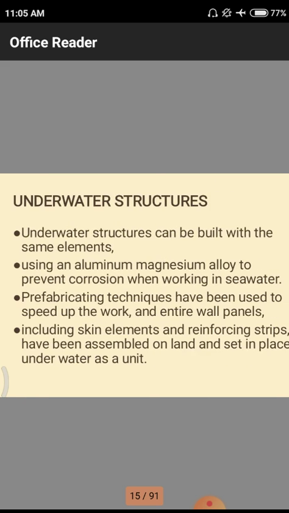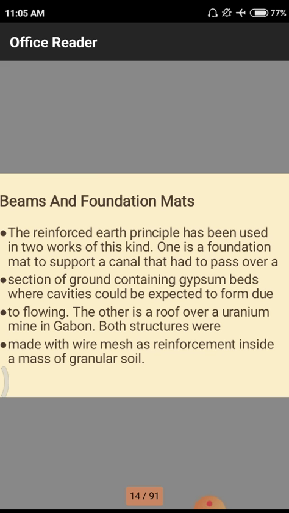And beams and foundation matter; these are the different examples we have to observe. In these particular portions also we have to use earth retaining walls and slope stabilization techniques. First of all, the reinforced earth principle has been used in two works of this kind.